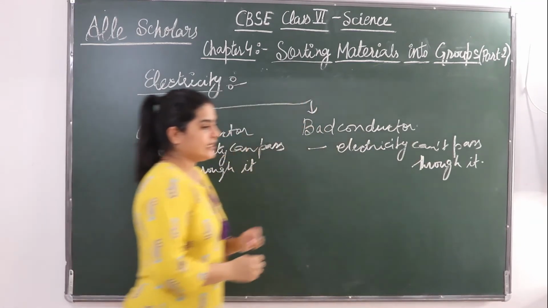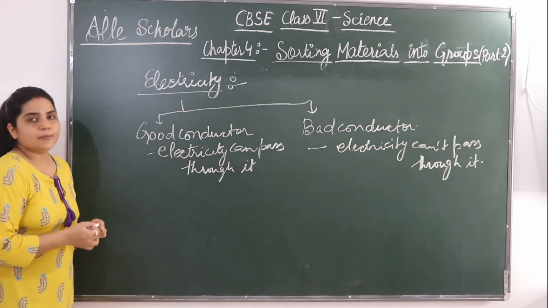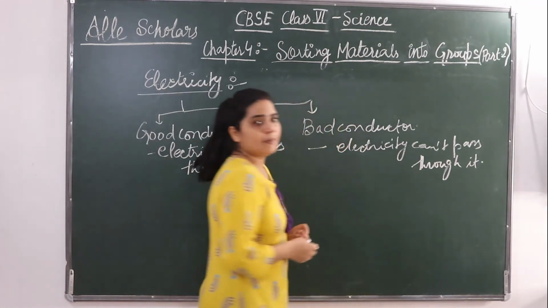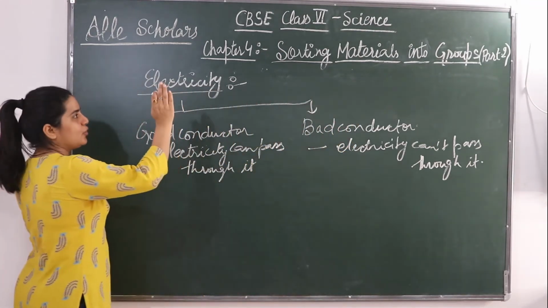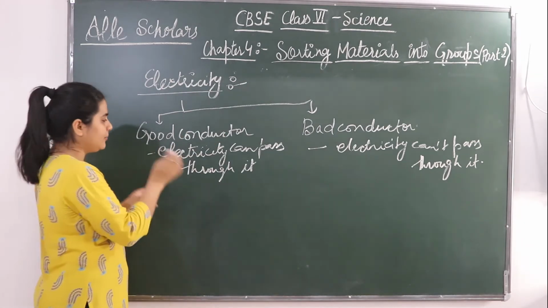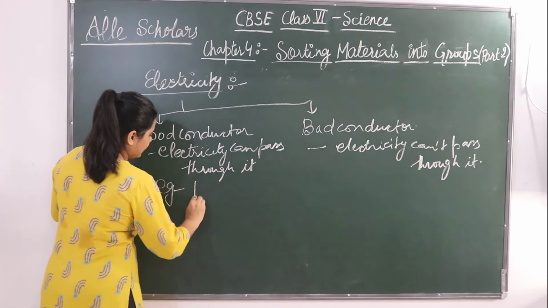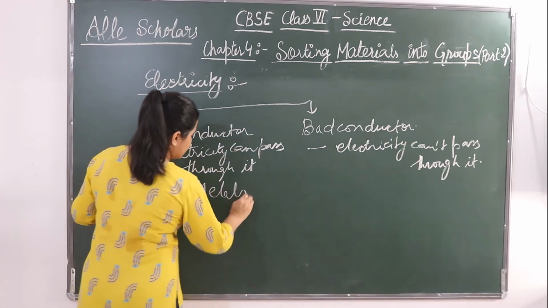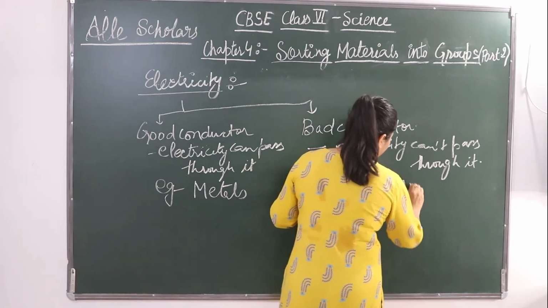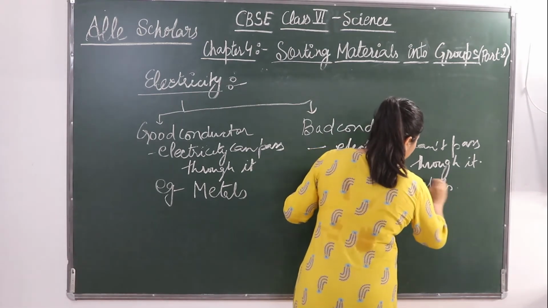Okay, now let's take the example. Metals are good conductors, and non-metals are bad conductors. So in materials, metals are good conductors and non-metals are bad conductors.